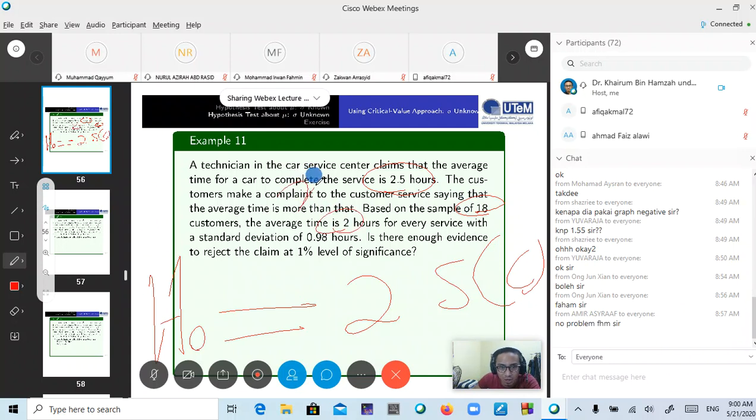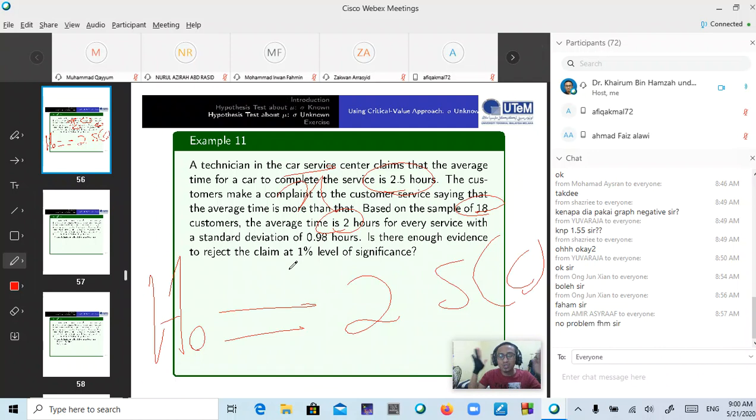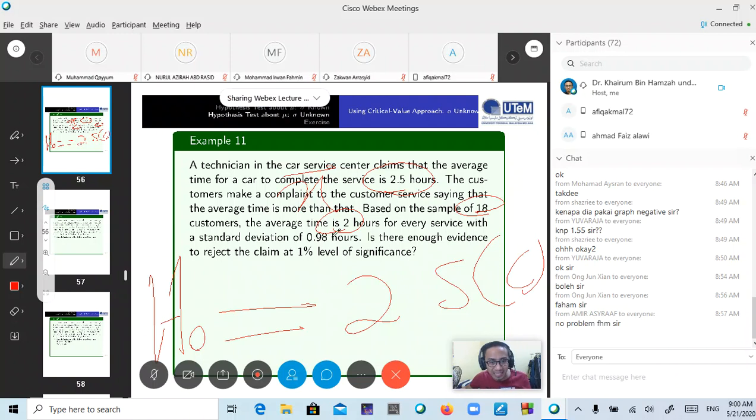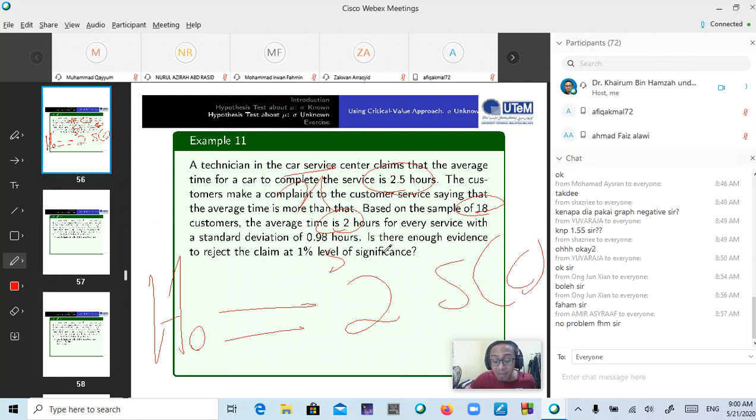So 2 is your X bar. And then with a standard deviation. Tengok. Standard deviation yang dia beri itu adalah duduk dalam ayat sample. When your standard deviation is in the sample sentence, so this one is S. 0.98 itu adalah S. Bukannya sigma. So, bila dia S, awak kena guna T distribution.